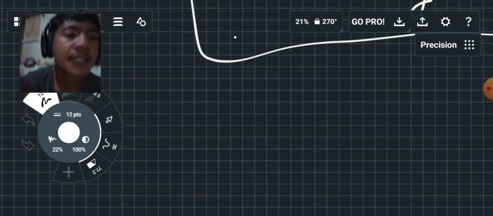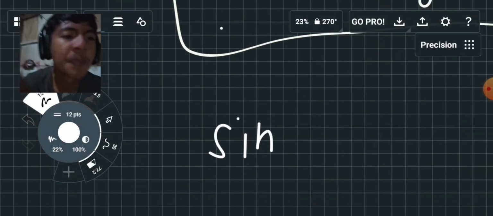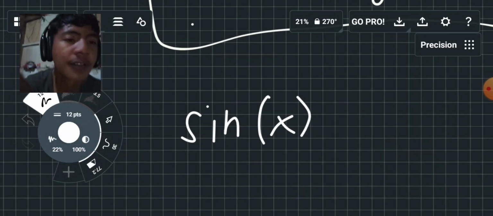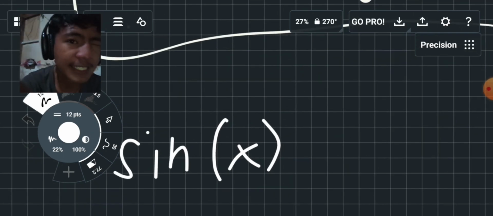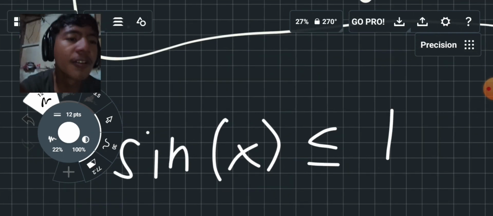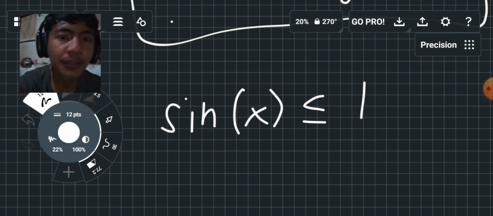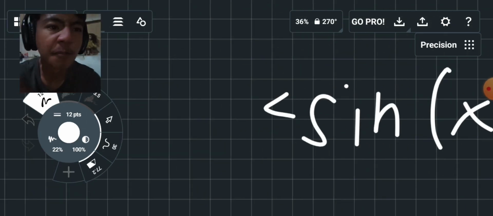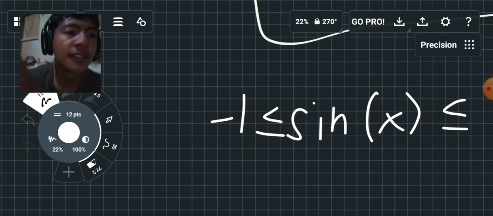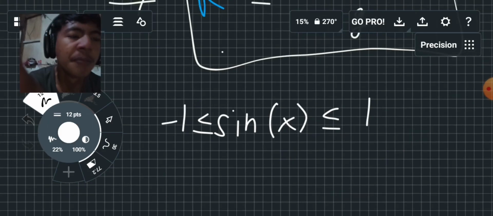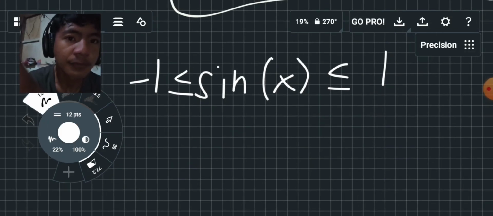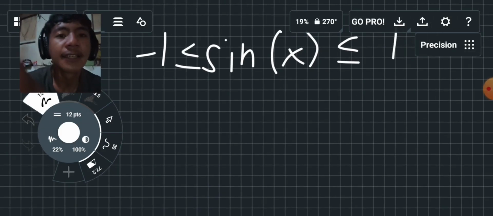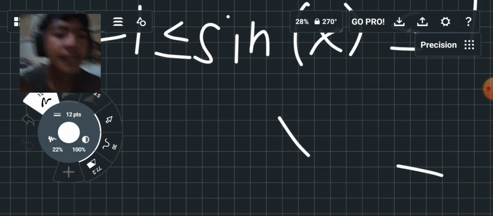So the sine x function, its maximum is 1. It's always less than or equal to 1. In fact, it ranges from -1 to 1. So the angle that gives that is 90 degrees.